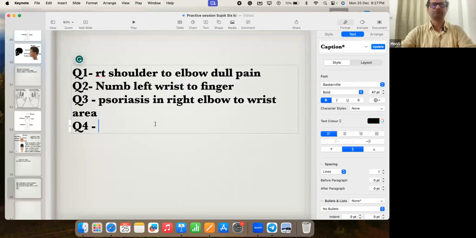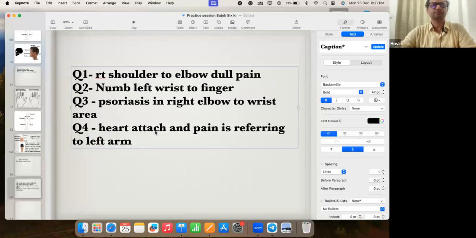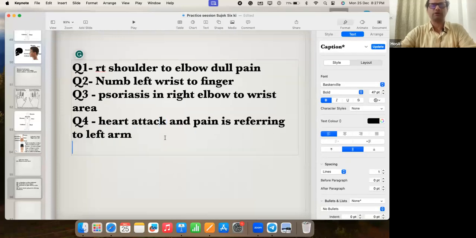The question number four: one person is having a heart attack and the pain is referring to the left arm.